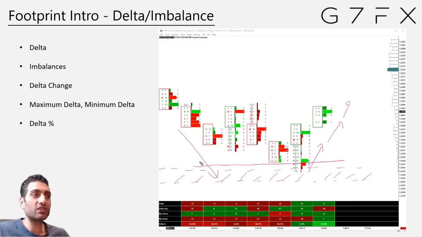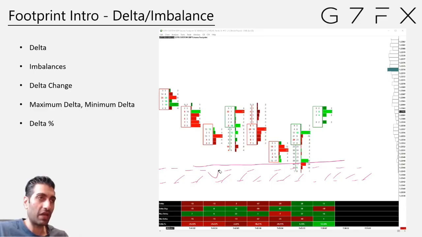So would you agree we need to find a measure of how short? This is short. Obviously, it works for longs as well, just the opposite way. But we need to find a measure of how short these sellers are as they're getting into this area of interest. So that's what essentially this table is going to help us to do.